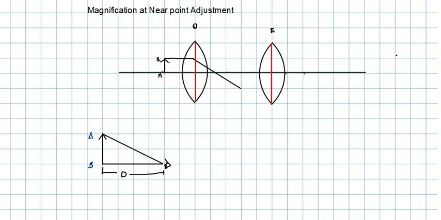Now another ray will pass through the optical center. So an intermediate image is formed somewhere here. This image acts as an object for the eyepiece.